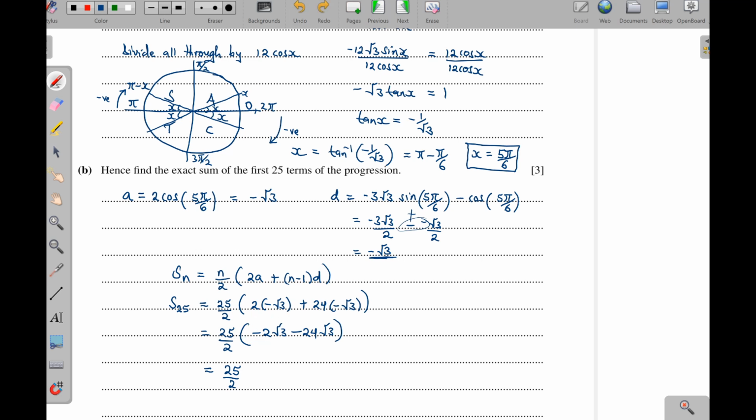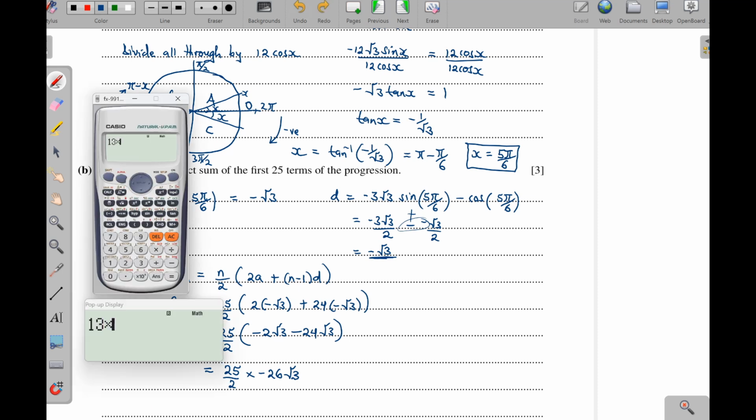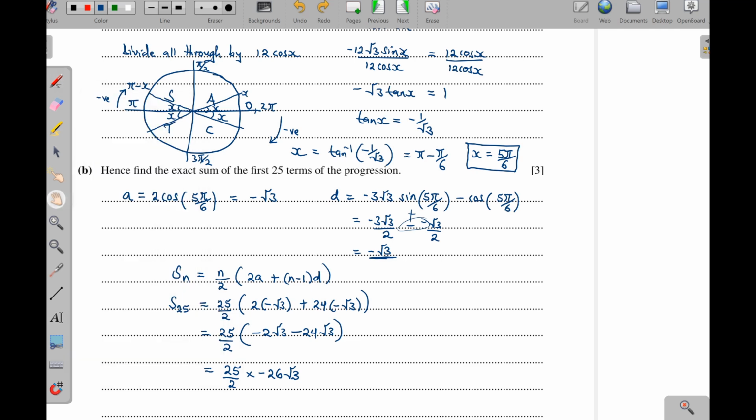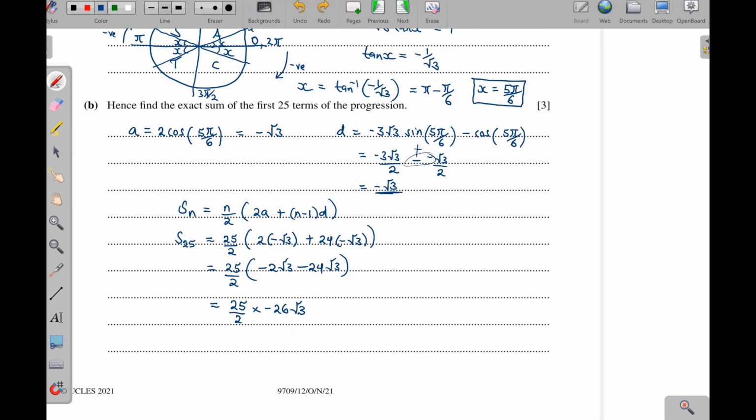So negative 2 minus 24, that will be negative 26 root of what? 3. So this one goes here 13 times, not so? So what is 13 times 25? 13 times 25, we get 325. So that means our answer here is going to be negative 325 root of 3. As simple as that.